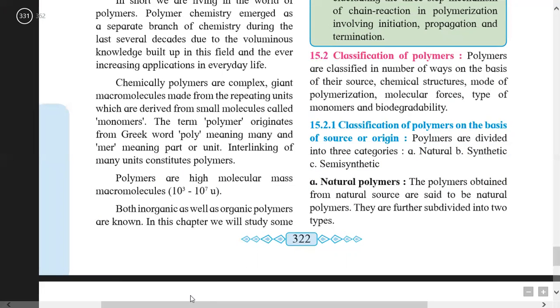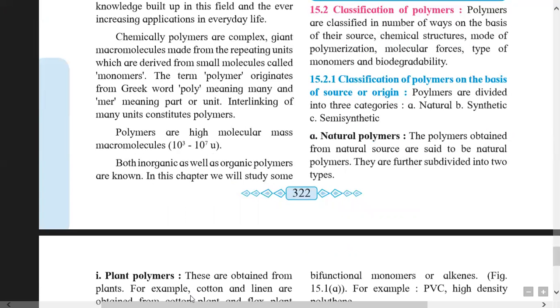So on the basis of source or the origin, polymers are classified into three types. These are natural, synthetic, and semi-synthetic polymers. First is natural polymers. The polymers obtained from natural source are called natural polymers.